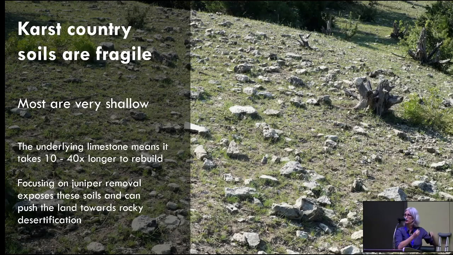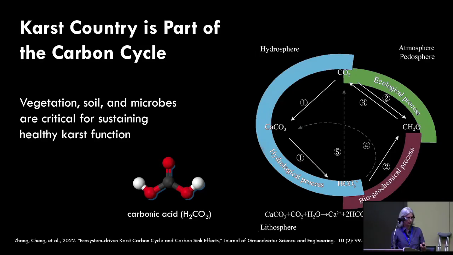There's no subsoil to hold on to those minerals, and therefore it takes a lot longer to rebuild. And so when you focus on juniper removal, it exposes these soils and can push the land towards rocky desertification.